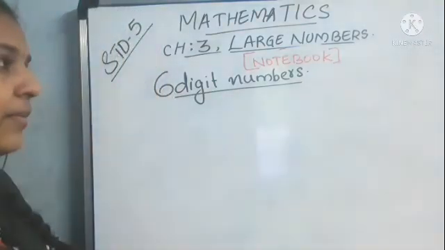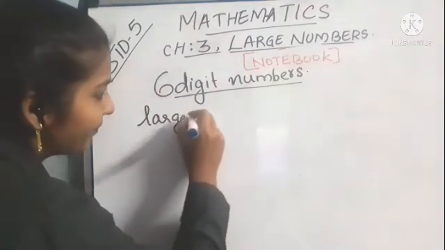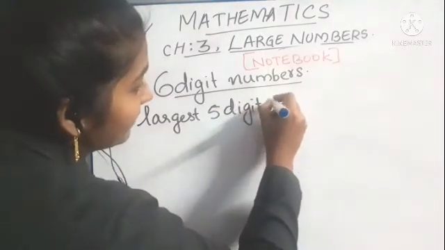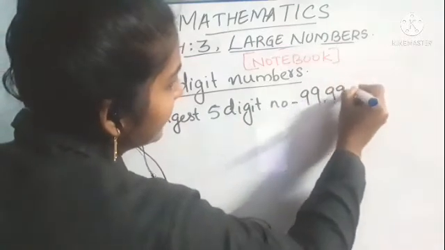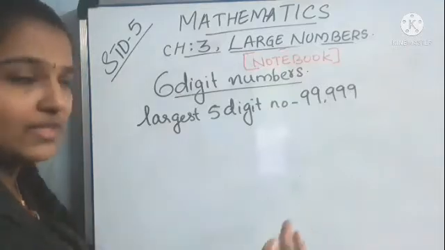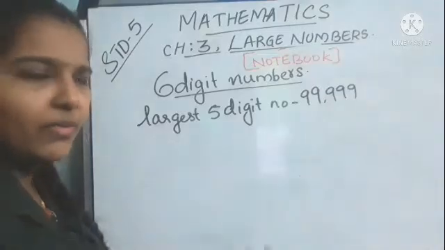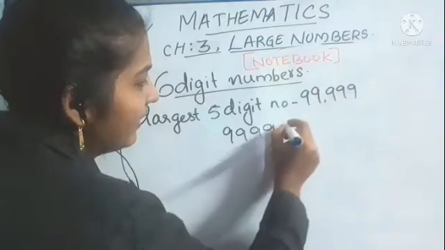Okay, so I am writing the largest 5-digit number, that is 99,999. Okay, now I am going to find out the successor of this number. That means I am going to add 1 with this number. Which number we will get? Let's find out.